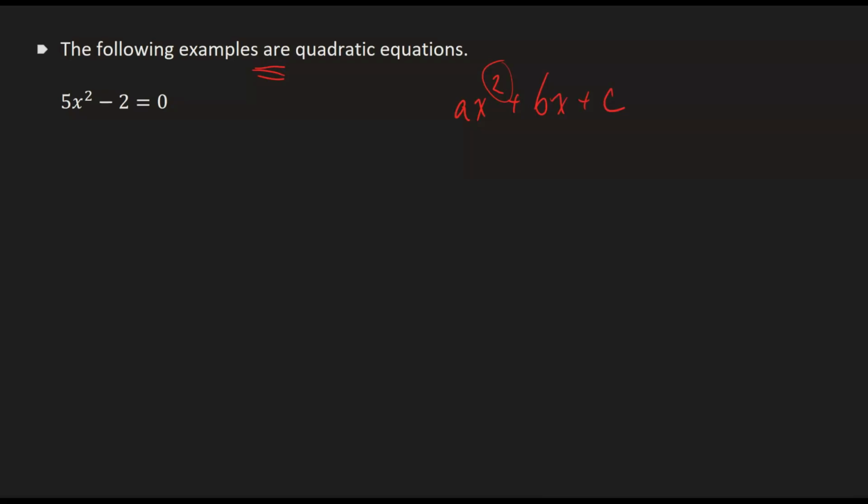And we notice that we do have that here. We do not have an x to the 1 term, but that's okay because this would really just be 5x squared plus 0x minus 2 equals 0. This still qualifies as a quadratic equation because it has x to the power 2.